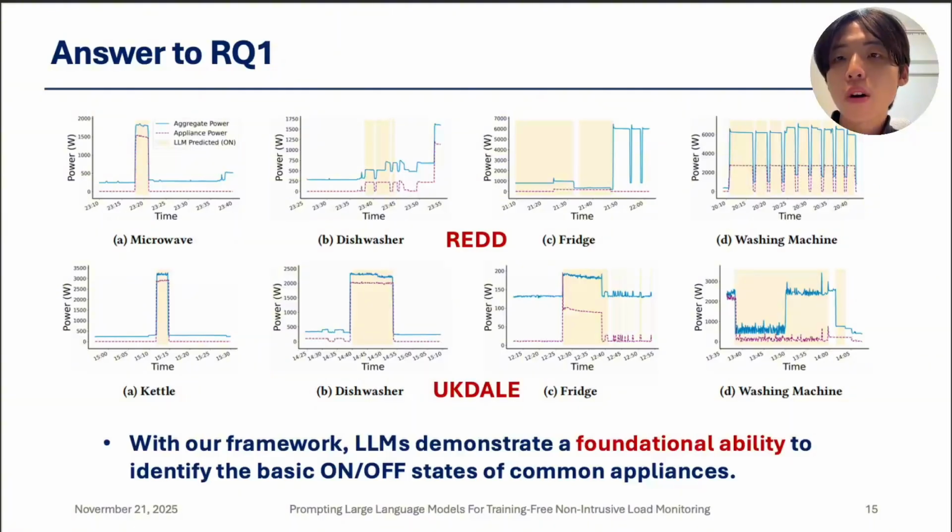With our framework and optimized prompts, large language models can correctly capture the sharp spikes from devices like the microwave and the kettle, and it can also capture complex patterns like the dishwasher and the washing machine.